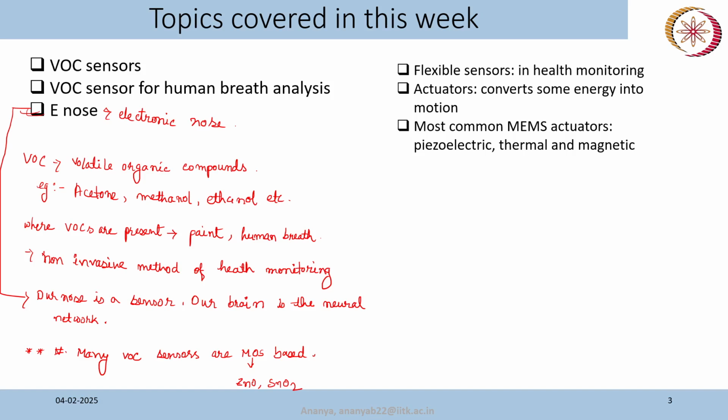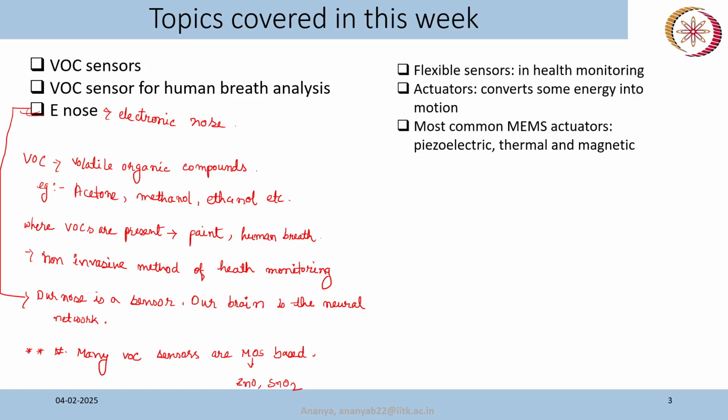I encourage you to look for a sensor dataset for a VOC sensor. You can just find it in Google. There are many VOC sensors available in the market, commercially available. You can find the data sheet, and many of these are MOS based. You can check which metal oxide semiconductor is being used in the sensor.